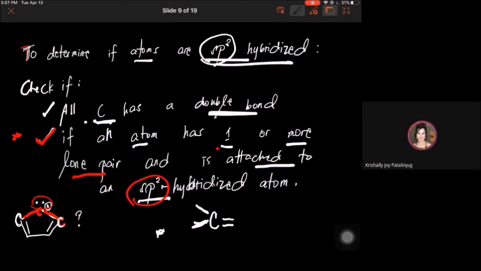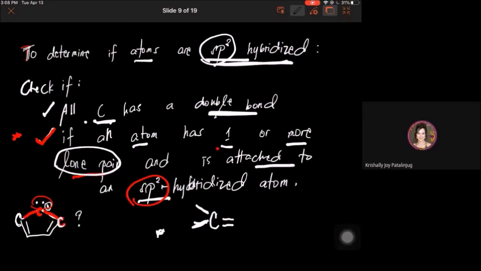Now, it happens that this carbon labeled in red, highlighted, has no double bond. But it carries a lone pair and is attached to an sp2 hybridized atom, so it can be considered sp2 hybridized.